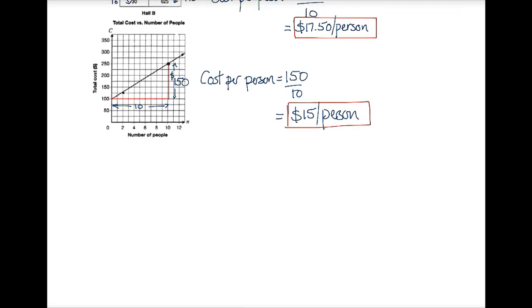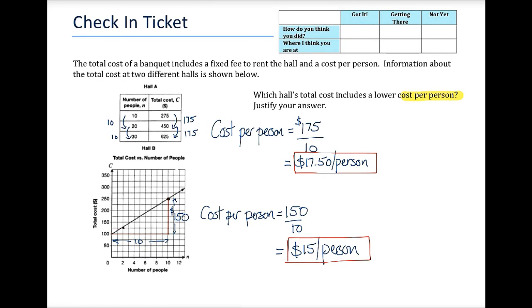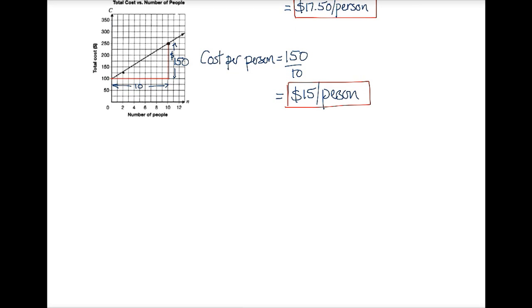We would say then that hall B has the lowest cost per person. We might as well put in how much: $15 per person.